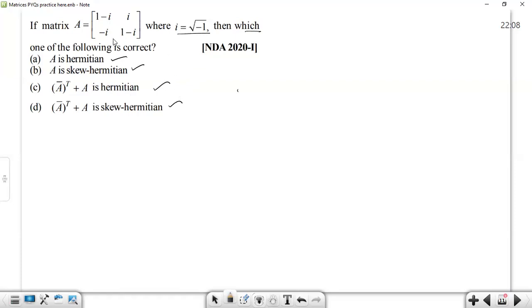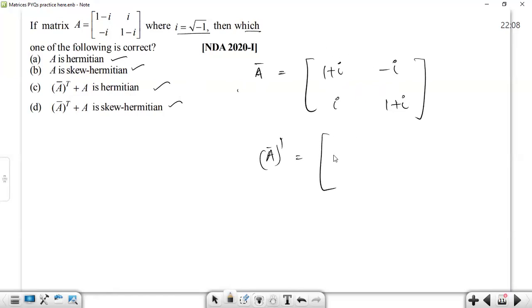So let's first discuss the conjugate of A, which will be 1 plus iota, minus iota, iota, 1 plus iota. Basically, we have changed the sign of the imaginary part of the complex number only. Okay, so let's take its transpose also.